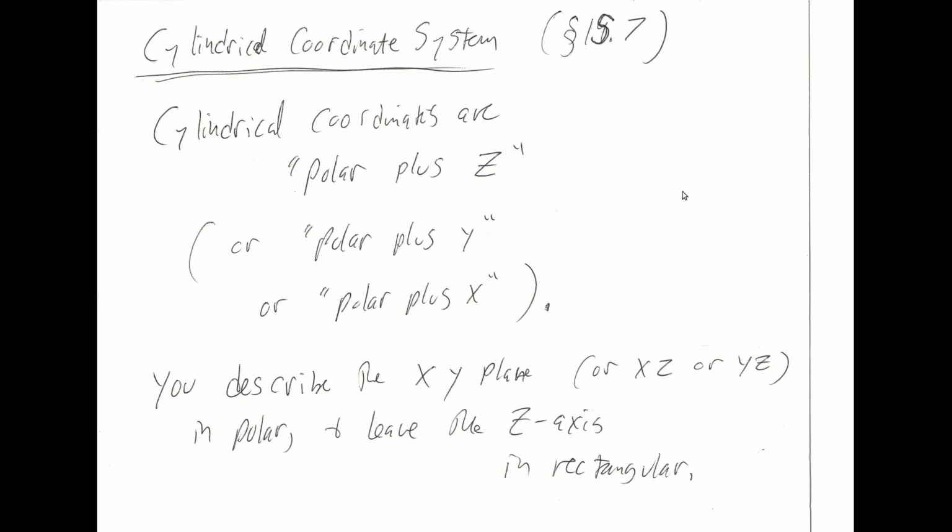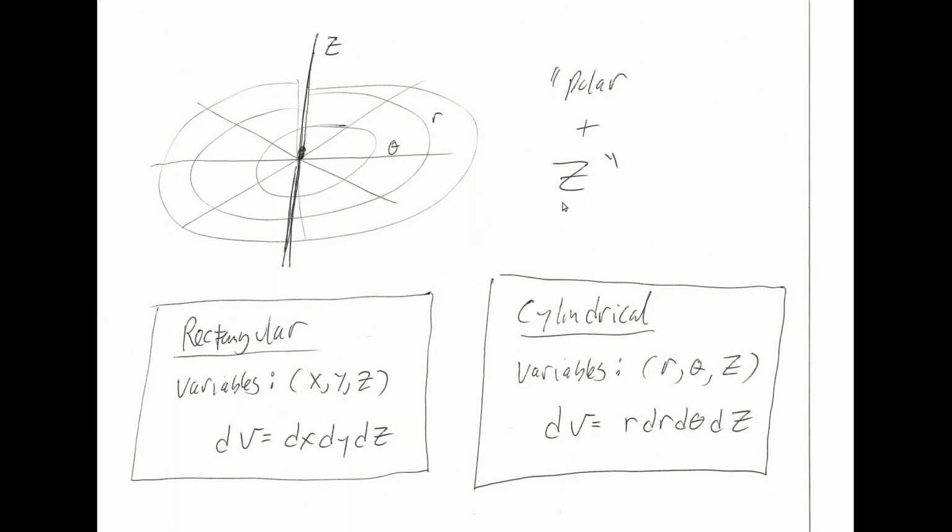We'll focus first on polar plus z, that's the traditional setup, but we will also consider how it can be adapted to deal with some situations that are more naturally represented if cylindrical is given as polar plus y or polar plus x. So what's meant to be represented here is I've got the xy plane flat, but it's represented as the r theta plane. So this is the origin here. We've got theta lines, lines of constant theta, theta equal to 0, theta equal to pi over 4, pi over 2, 3 pi over 4, and so forth.